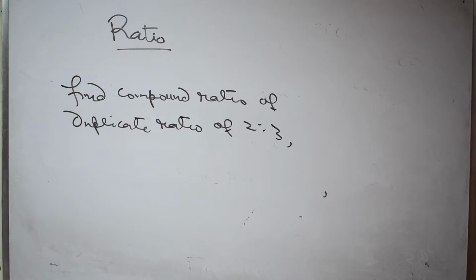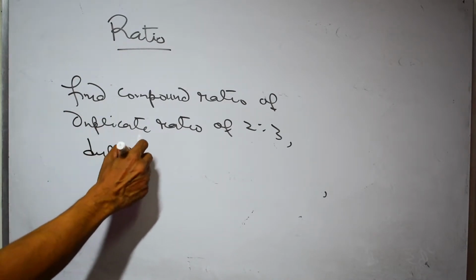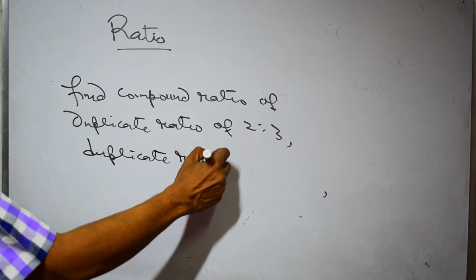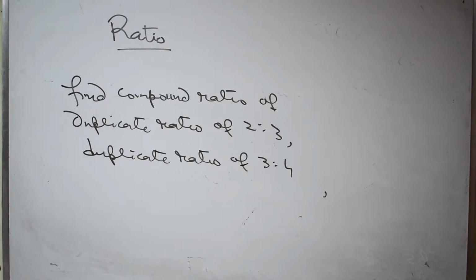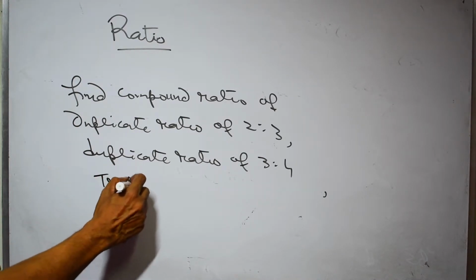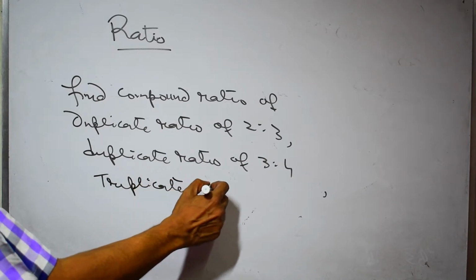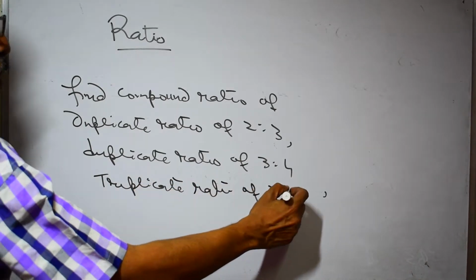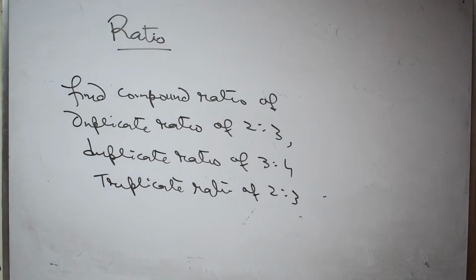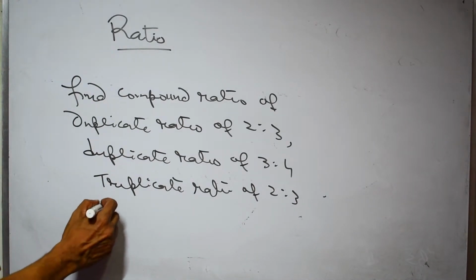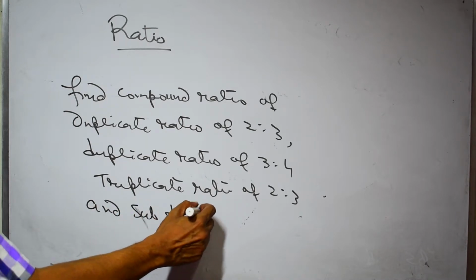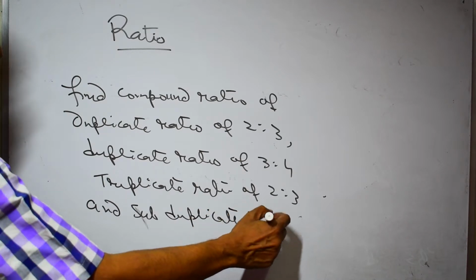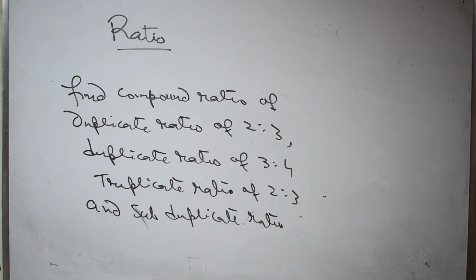Then the duplicate ratio of 3 is to 4, and then another one is the triplicate ratio of 2 is to 3, and this subduplicate ratio of 25 is to 4.